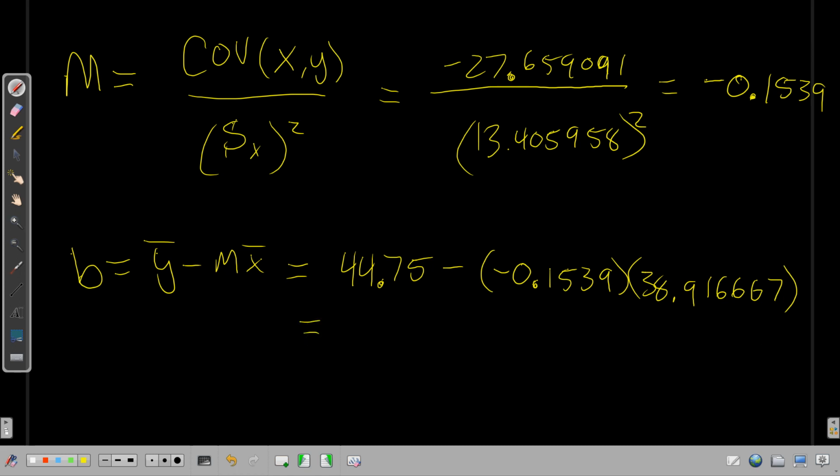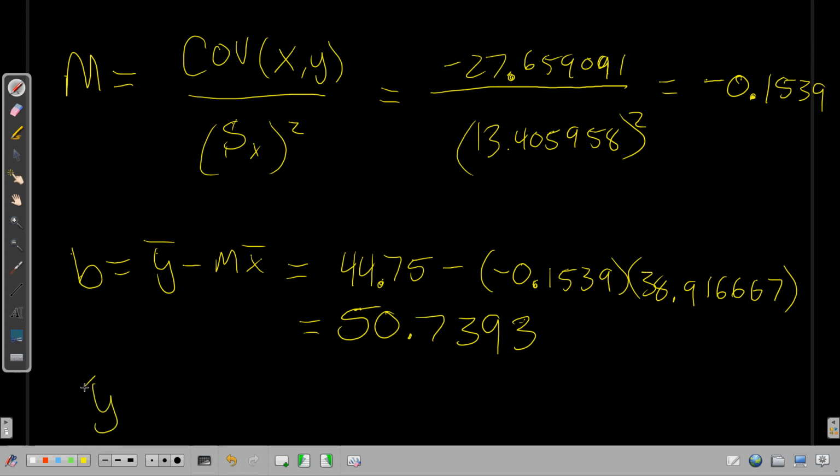I can compute that y-intercept with my little handheld calculator to be 50.739. And we'll do one more digit.